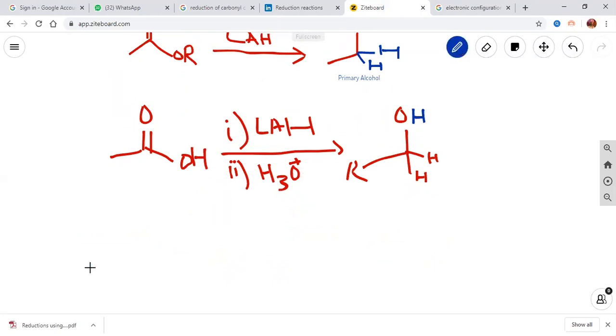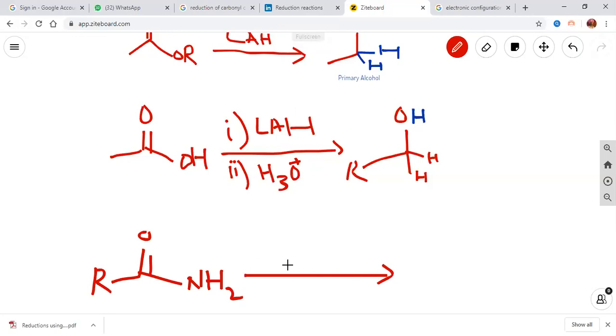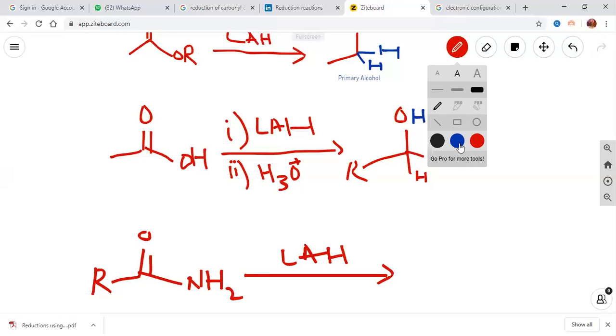And amides. Reduction of amides with lithium aluminum hydride. They get converted to primary amines.